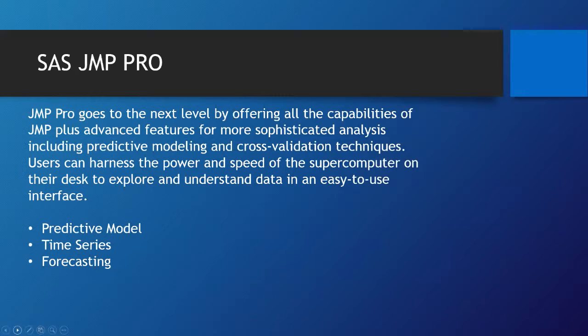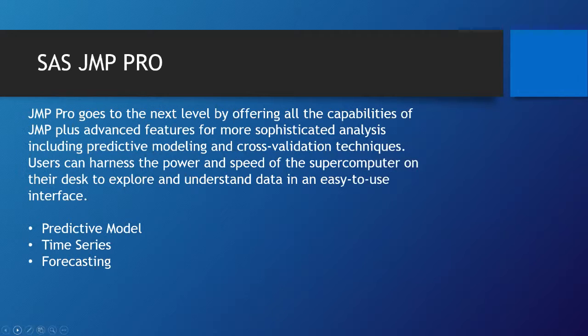Such statistical analysis includes univariate and multivariate linear and nonlinear analysis, ANOVA, MANOVA, and covariance, time series, multivariate optimization, Monte Carlo simulation, hierarchical and K-means clustering. With this, you can do a lot of stuff using SAS.